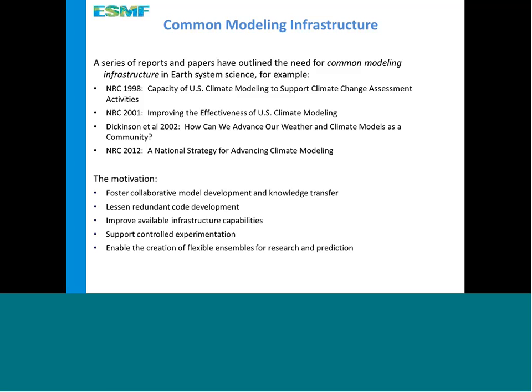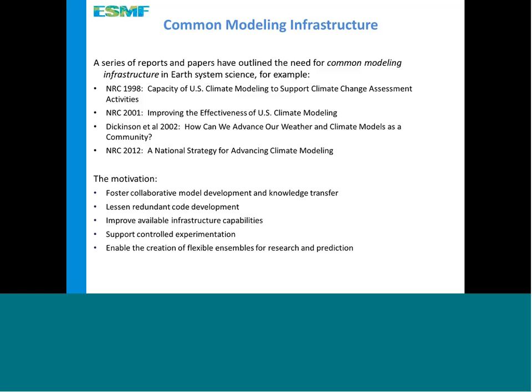So one of the very basic reasons for common modeling infrastructure is that climate model components come from different groups, and it's nice to have a standard to write to if you're trying to assemble them. There's also the motivation of wanting to lessen redundant code development. So some of what ESMF does is to provide utilities that are not really rocket science, but that we don't want every group to need to develop. So some of that cost effectiveness is part of the motivation for common infrastructure as well.